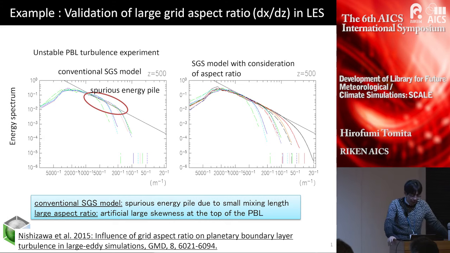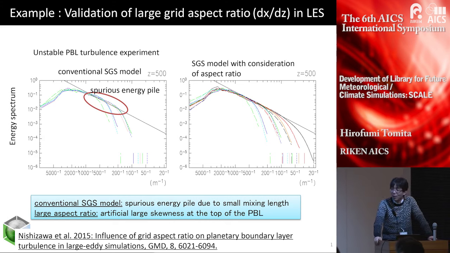The left panel shows the conventional model results. This is an energy spectrum, and if we use a conventional SGS model, we can see spurious energy piling like this.